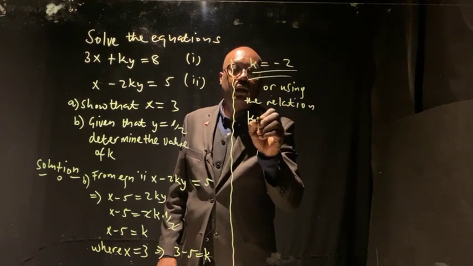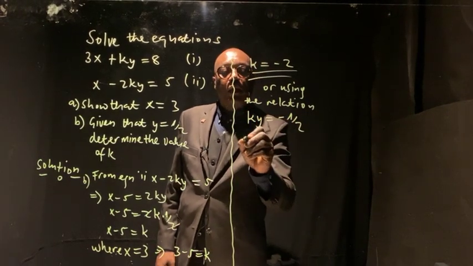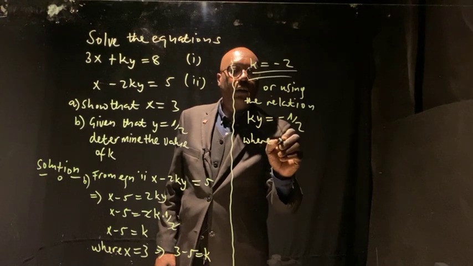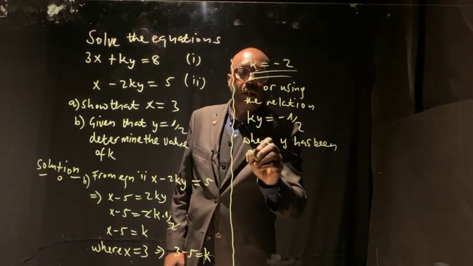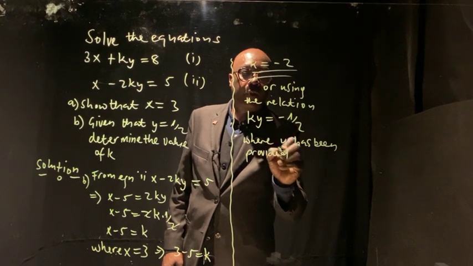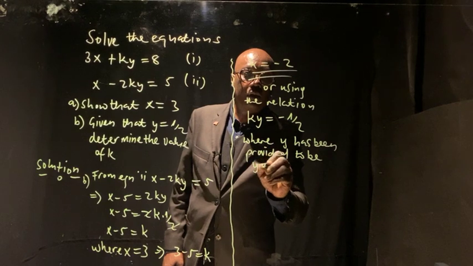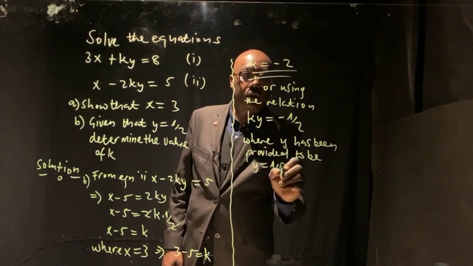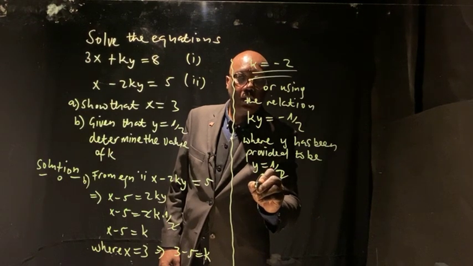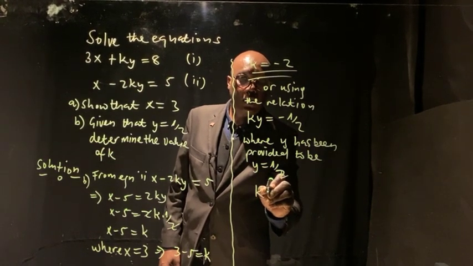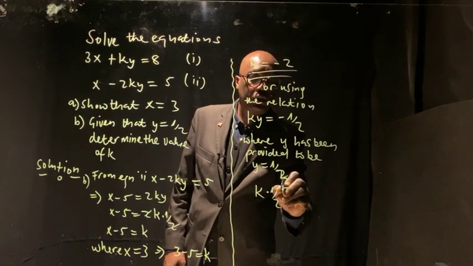And we know that y has been provided to be y equals half, then this equation becomes k times half equals minus half.